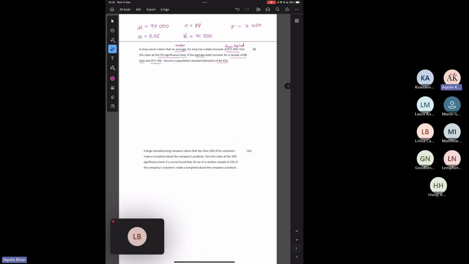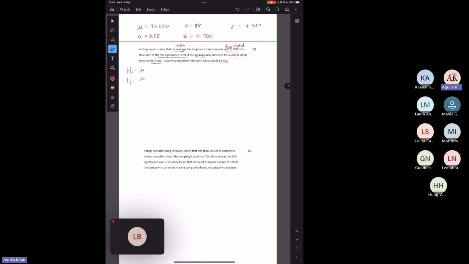So now that we have all of our necessary information, we can start the process of your 5 steps, which always starts with writing out your null and alternate hypotheses. So remember, we're working with a mean, so it needs to say mu in the null and alternate hypotheses.